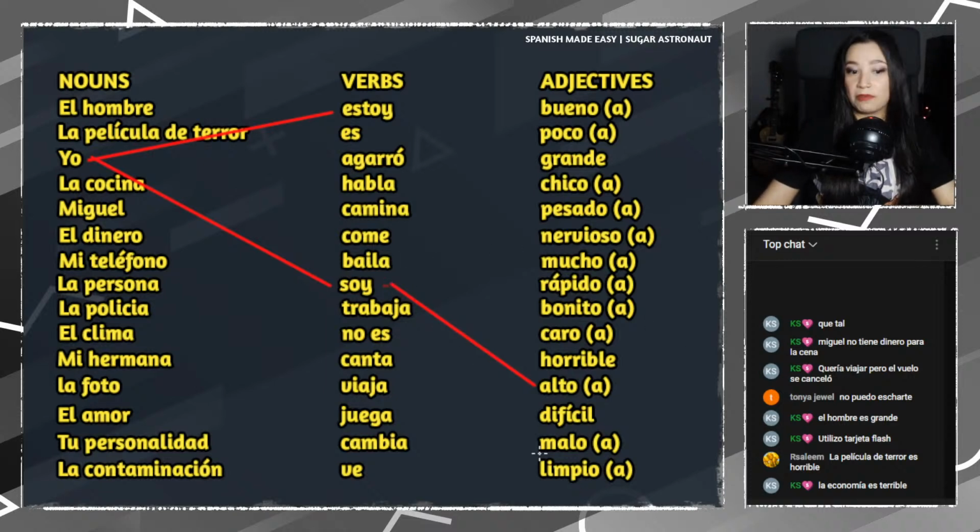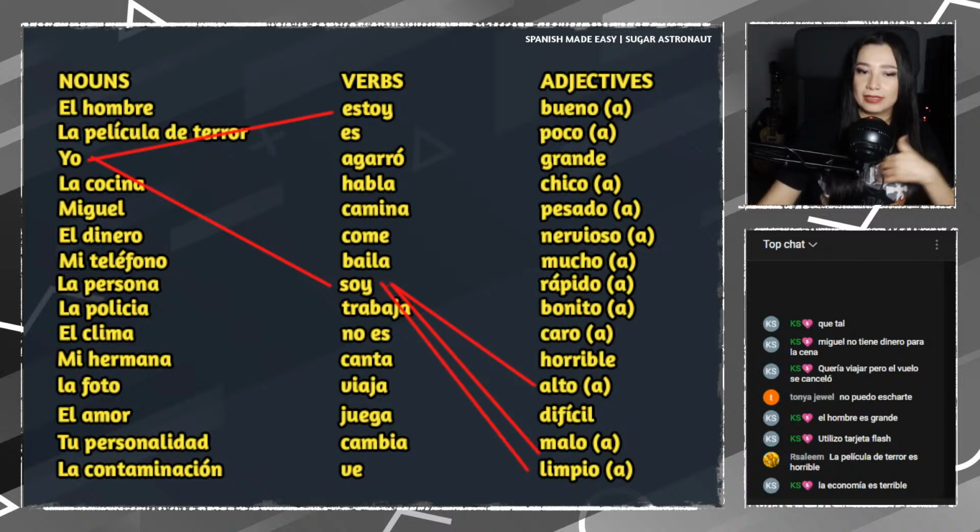You could say yo soy malo, I'm bad. Okay? Even though you can change that, you use soy when talking about malo. Yo soy malo. Sometimes people change, sometimes they don't. But what can I tell you? Yo soy limpio. I am clean. Okay, so it's something that you do, right?